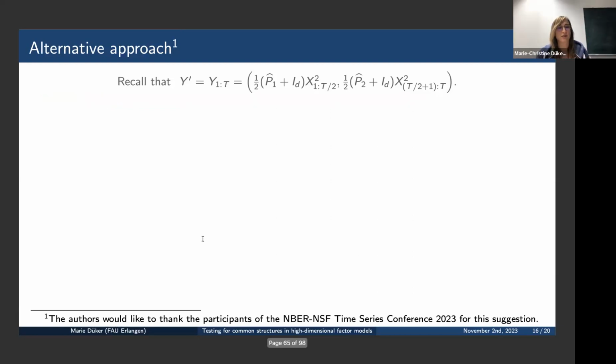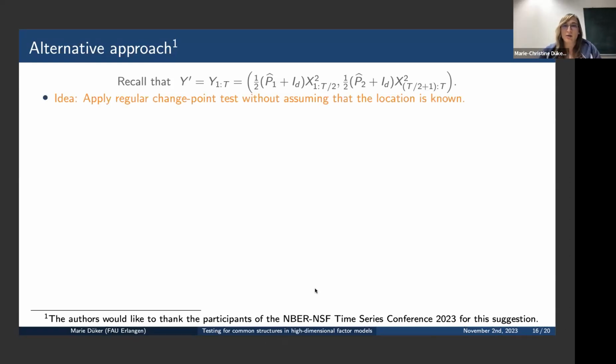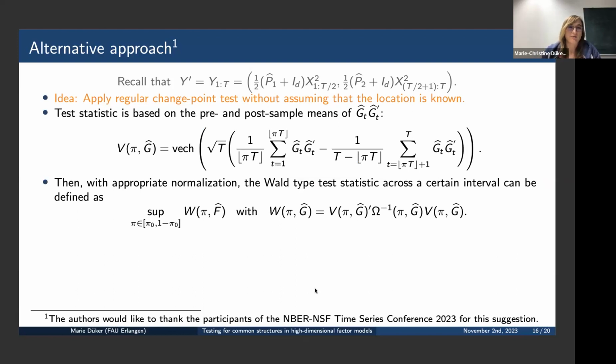So I gave this talk at this time series conference, the NBER conference this year, and the audience made this suggestion to look at an alternative approach. So I said we transform the data and artificially create a change point, right, under the alternative at least. So we create a time series which doesn't have a change under our hypothesis, but does have a change under the alternative.